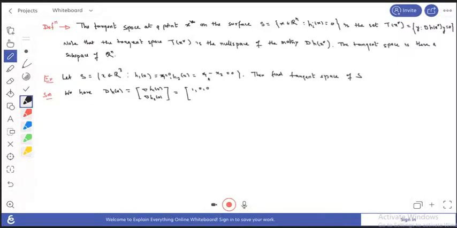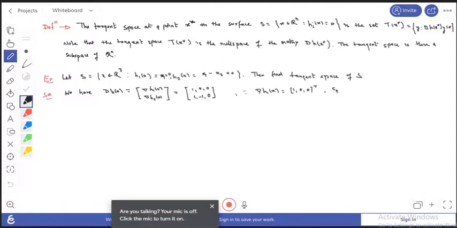And for h2, if we take x1 minus x2, this is 1, minus 1, and 0. This is the derivative. The gradient of h1(x) equals (1, 0, 0) transpose, because this is a vector, and similarly the gradient of h2(x) equals (1, minus 1, 0) transpose.